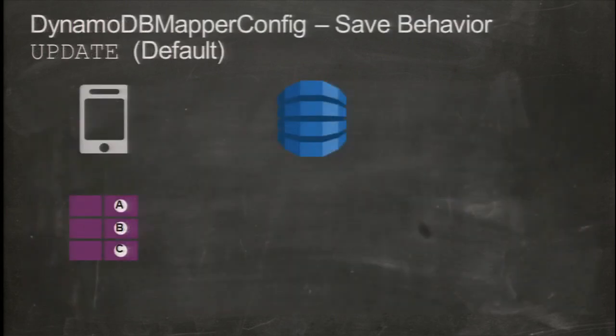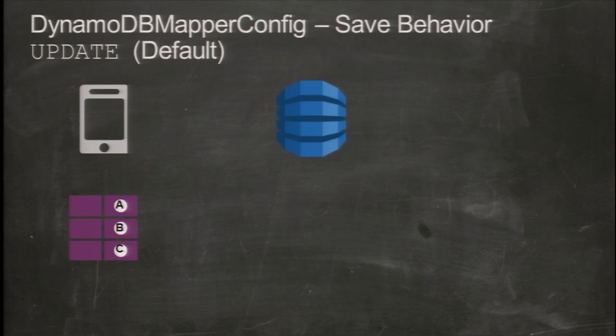In addition to being able to control how the mapper maps data from our DynamoDB table to our objects, we also can control a number of options inside of the DynamoDB mapper via the DynamoDB Mapper config. The first thing we can do is change its save behavior.